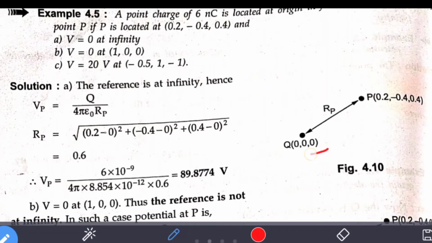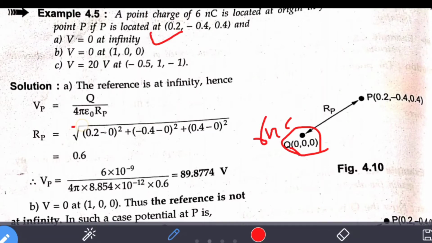The diagram: a point charge of 6 nanocoulomb is located at the origin, and a point P. What is the absolute potential at P? We have to calculate at V equal to infinity.